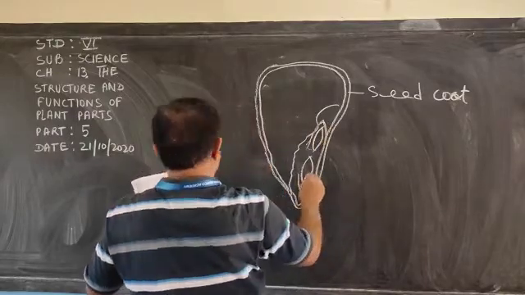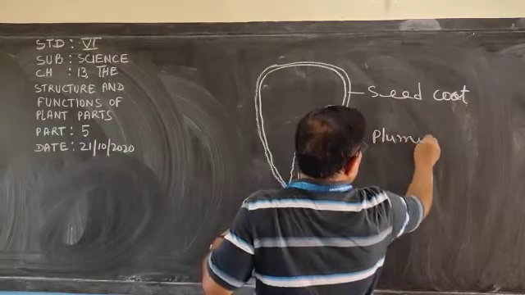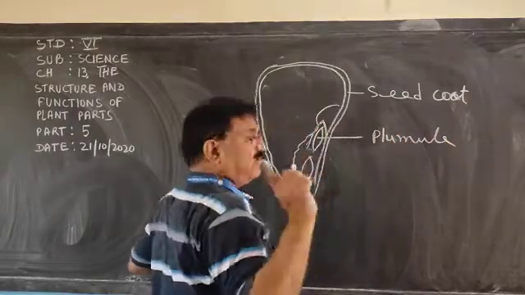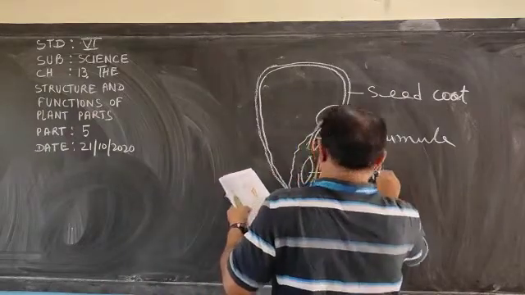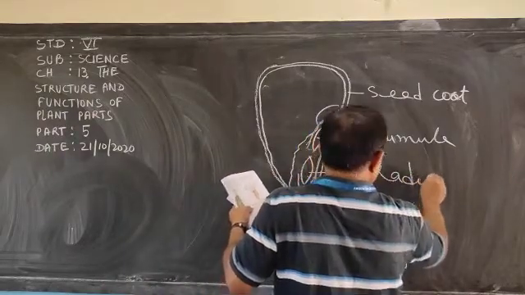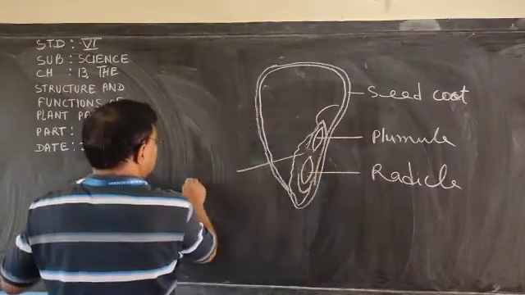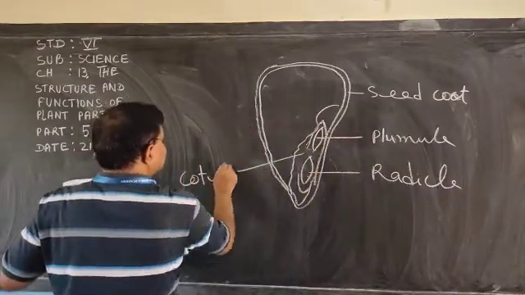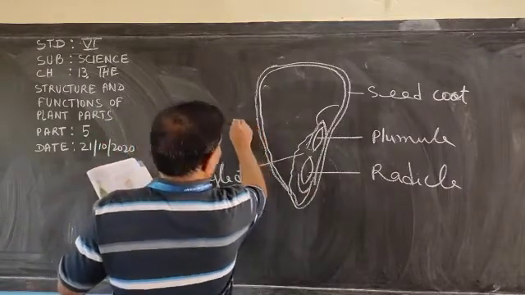Upper part is the plumule, and plumule develops to form shoot system. This is the radicle. This part is cotyledon, and this is the endosperm.